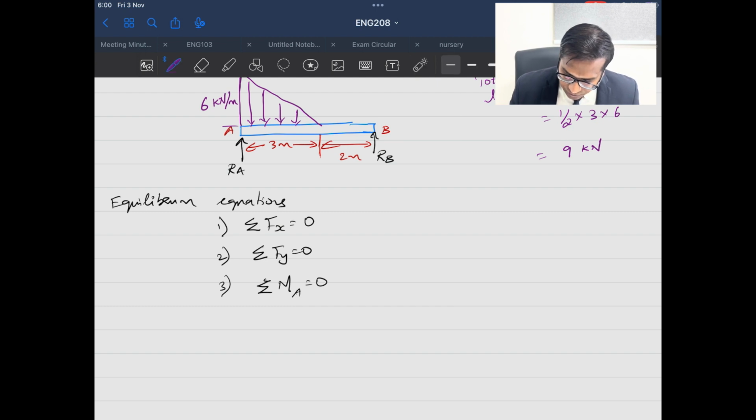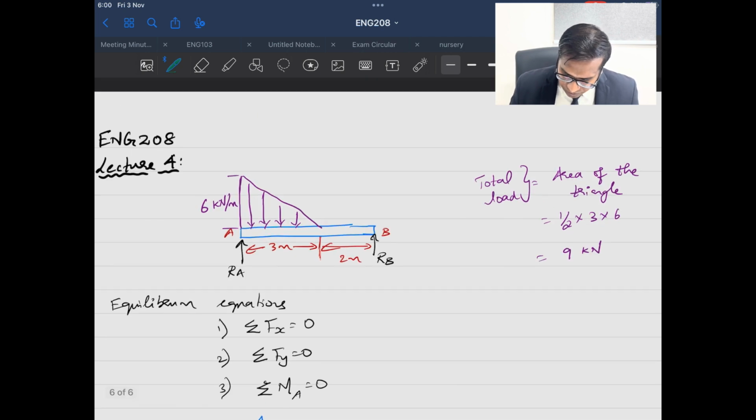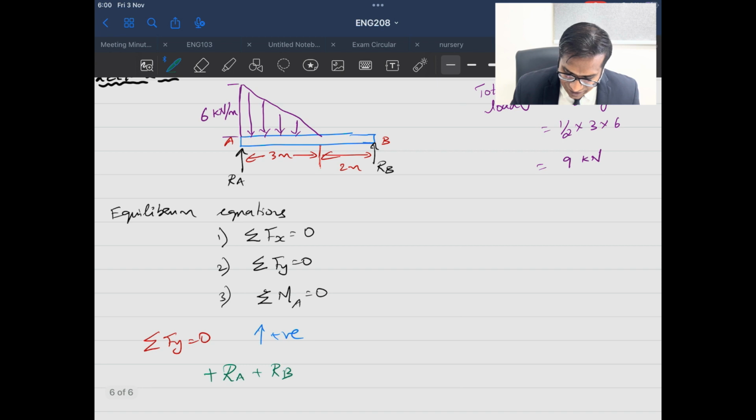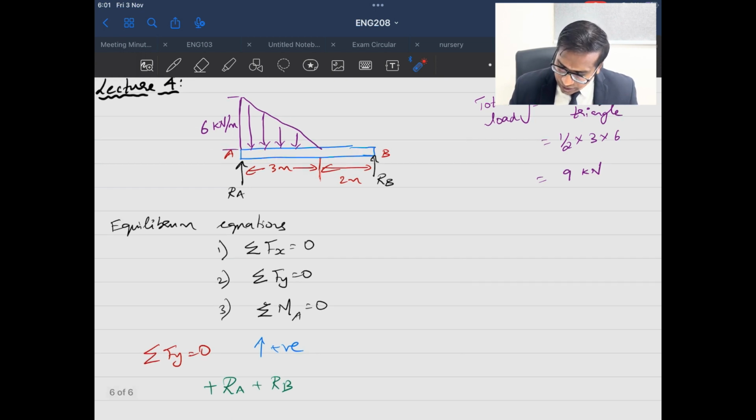Now let me use the first equation, summation of Fy is equal to 0. I will take all the forces acting upwards as positive. In this case RA will be positive and RB will be positive. Just now we found the total load because of the uniformly varying load is 9 kilonewton.